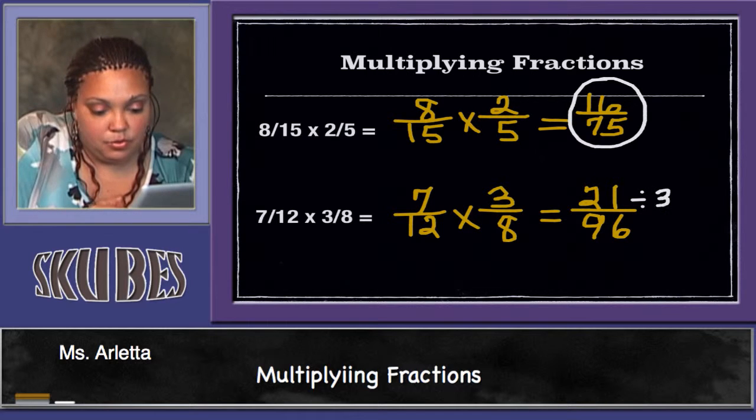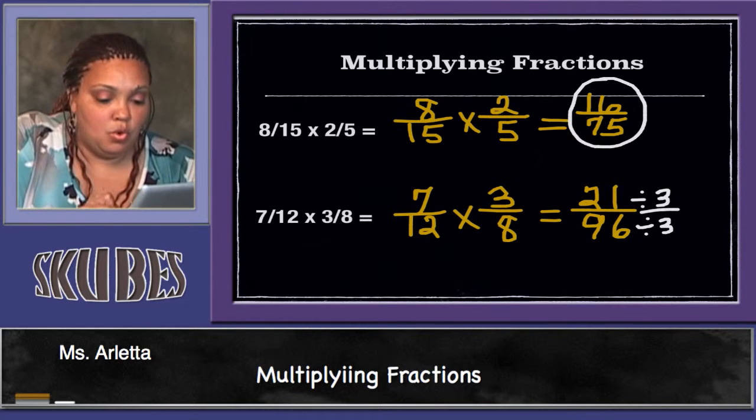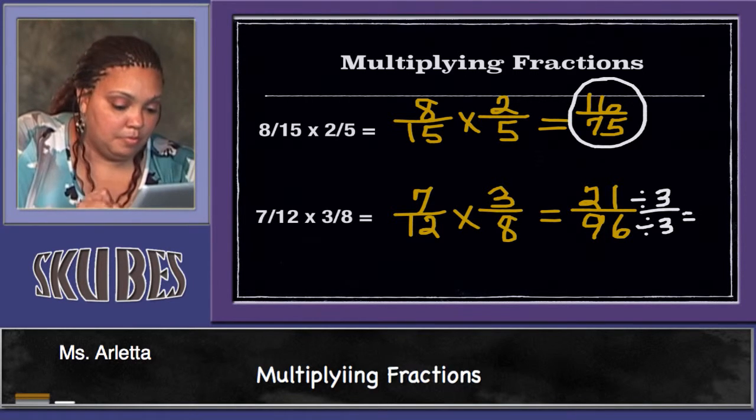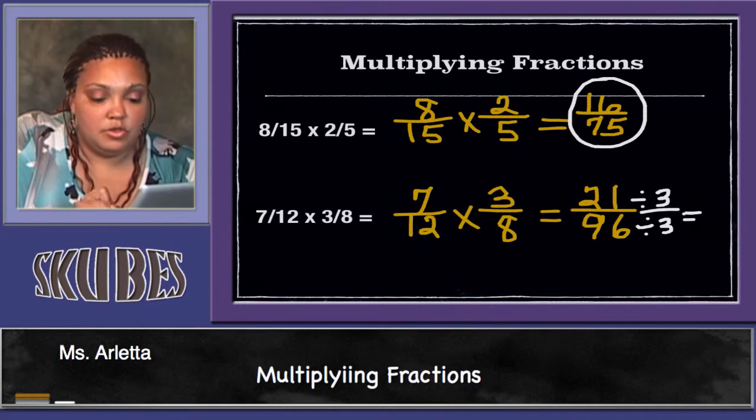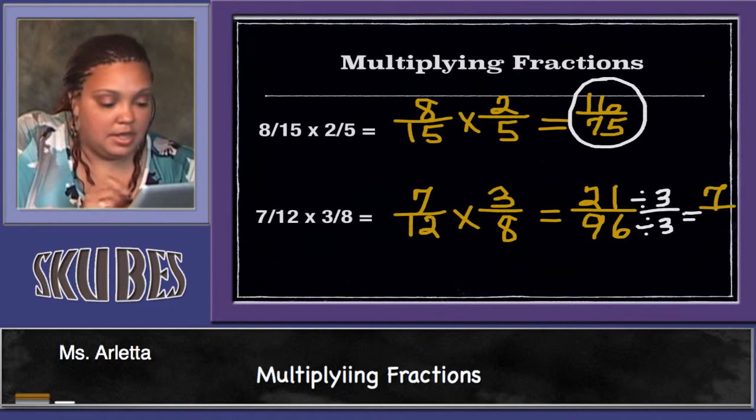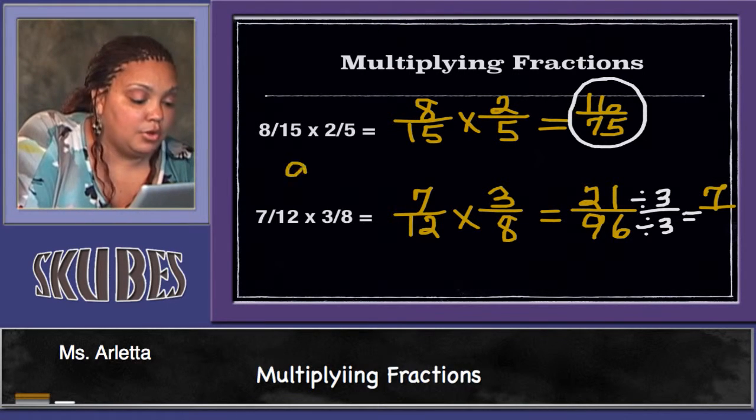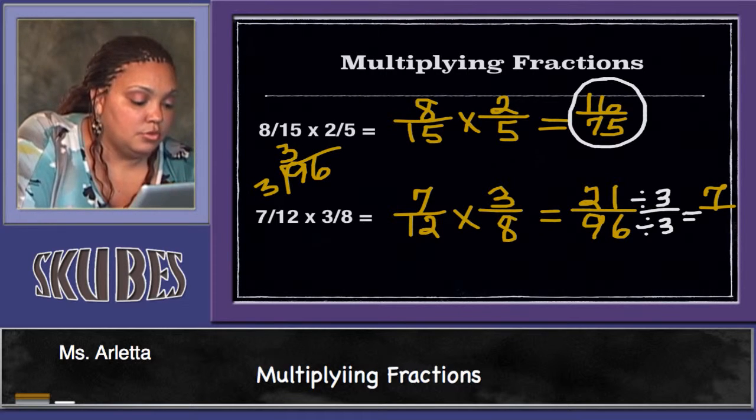21 divided by 3 and 96 divided by 3. 21 divided by 3 is equal to 7, and 96 divided by 3, I'm going to do the work over here. 3 goes into 9 3 times. 3 times 3 is 9.